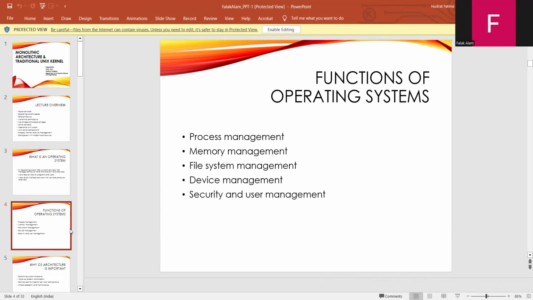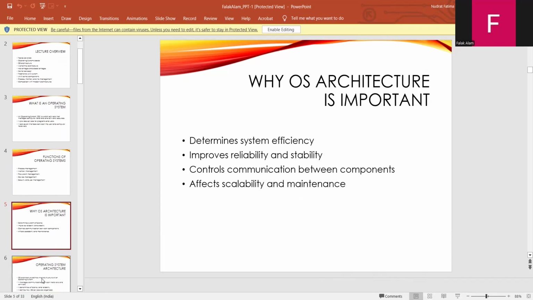Now moving forward with why operating system architecture is important. The architecture of an operating system determines how its components are organized and how they interact with each other.